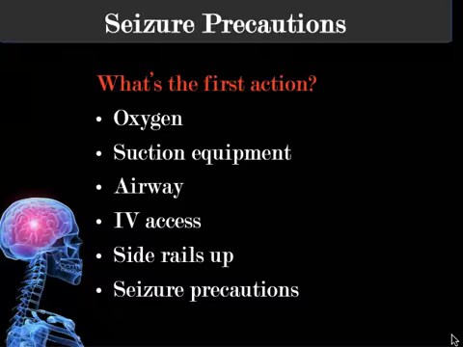So really, you think about some seizure precautions. What really is the first action? You want to put oxygen on the patient to help support what's there. Suction the airway. You've got to keep the airway patent, keep it open. You've got to think about how we are going to reverse this in terms of IV access, but also don't forget about using intraosseous access if IV access may be challenging to get.